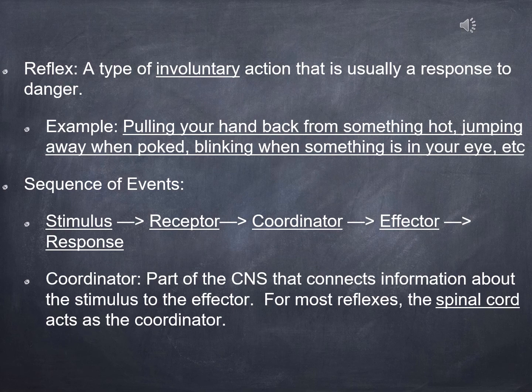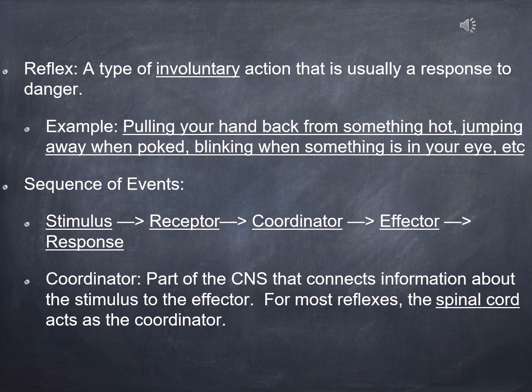Next, you have a receptor. The receptor is the part of your body that is receiving information about the stimulus. In the example of our burning hot cookie, the receptor would be the temperature sensing nerves in your hand. That information gets passed along to a coordinator.